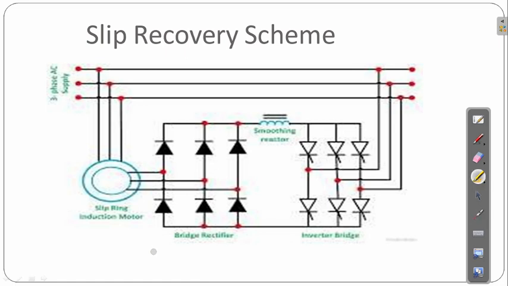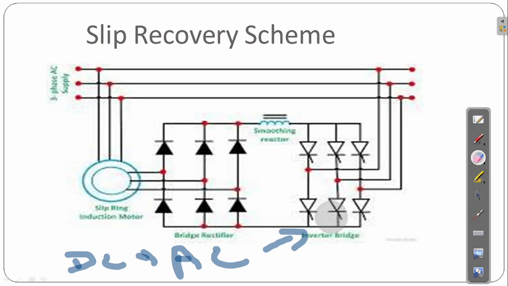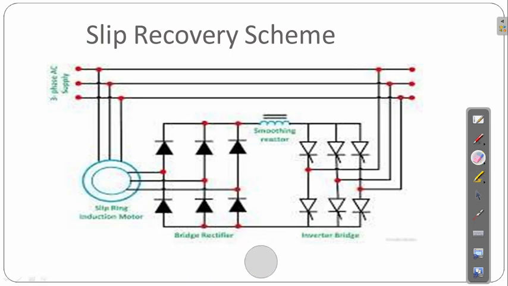It will again convert the given DC power to AC. That will occur over here. The DC will convert to AC from this inverter bridge. After that, we will give this AC to the particular supply.